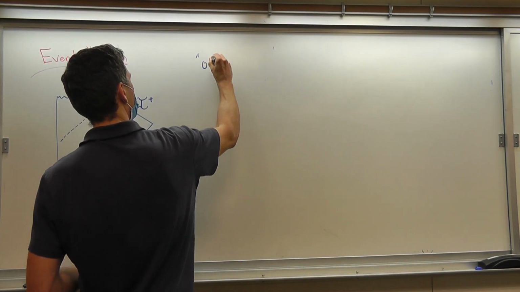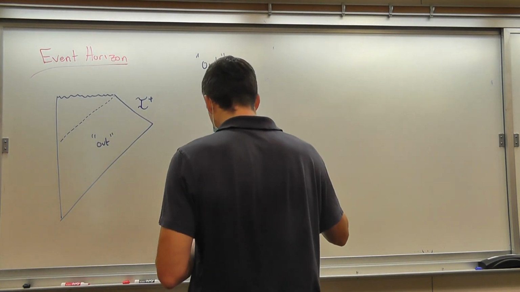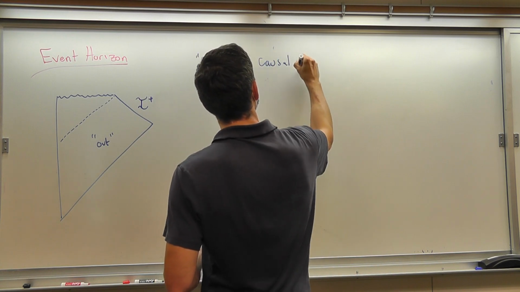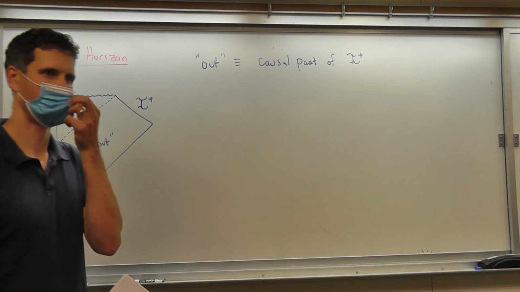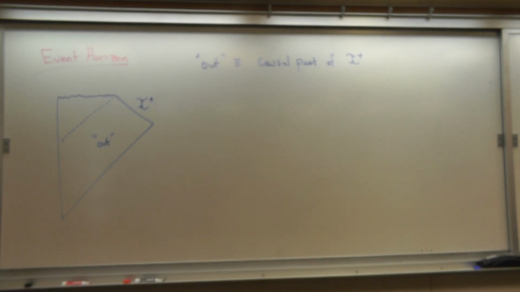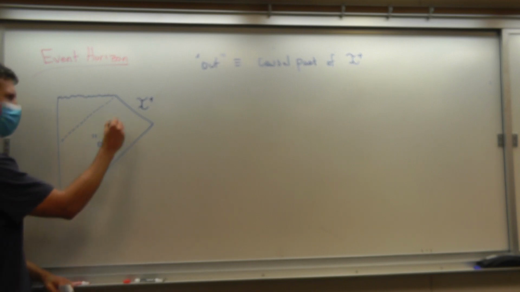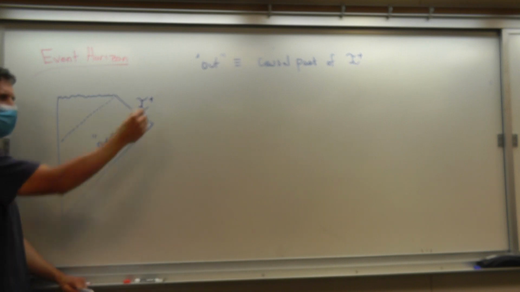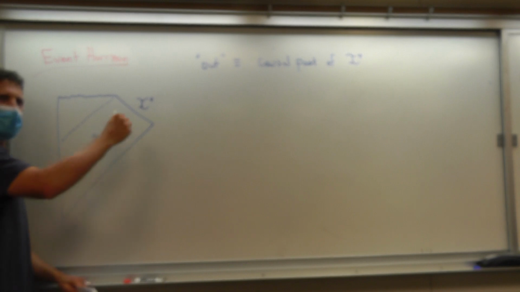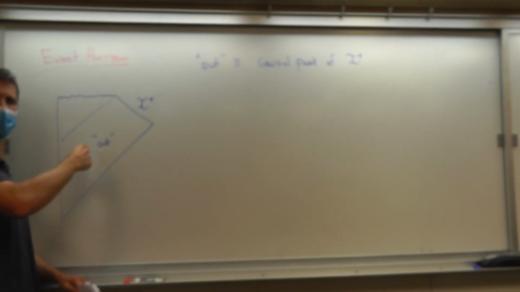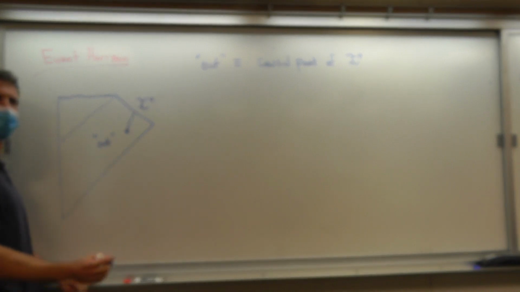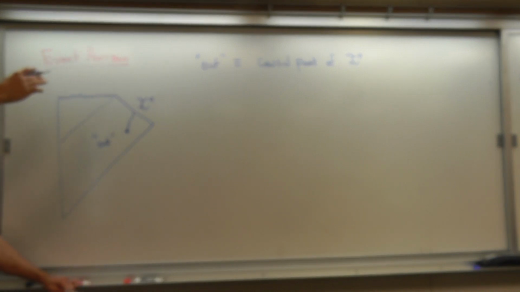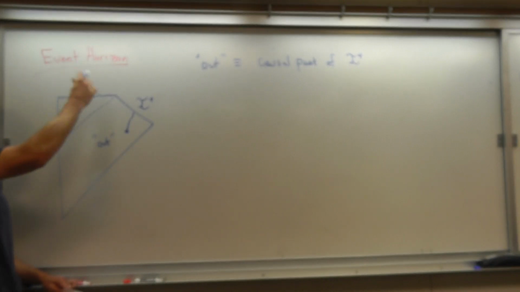The region out is defined to be the causal past of null future infinity. What does that mean? It means that there exists a causal curve. The causal past means all the points in the spacetime which you can get to along a causal curve, that is a null or time-like curve. So this point here is in the causal past because I can draw that curve. But it's just what it looks like: the past causal diamond of everything on Scri plus.